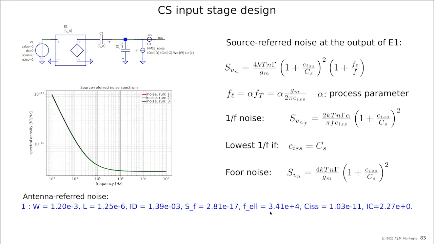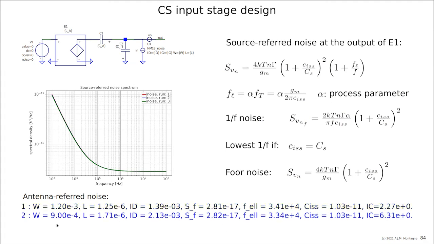And the corner frequency was 33 kilohertz. We could have a corner frequency as low as 100 kilohertz. So there appears to be no showstopper here. This is the first estimation. This should be 2.5. It is 2.8, but with a little bit more current, we can easily optimize this.